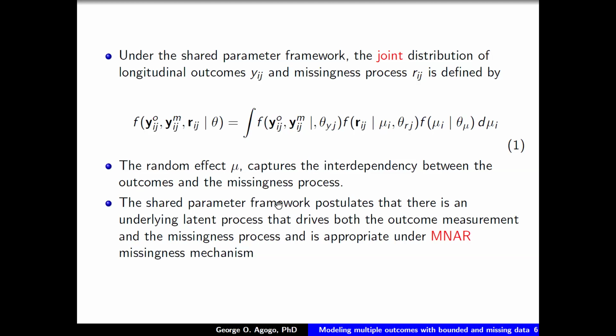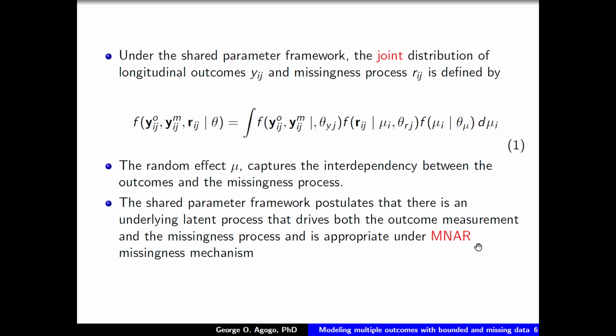The shared parameter framework postulates that there is an underlying latent process, the unobserved factors that drive both the outcome measurements, the cognitive function and functional disability outcomes, and the missingness process. It is appropriate under what we call missing not at random. We have different missingness mechanisms. Number one is missing completely at random, which means the missingness is not influenced by observed or unobserved factors.